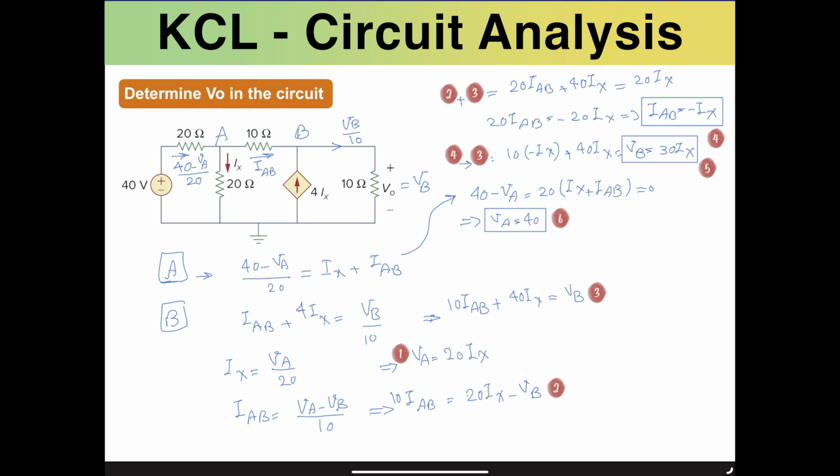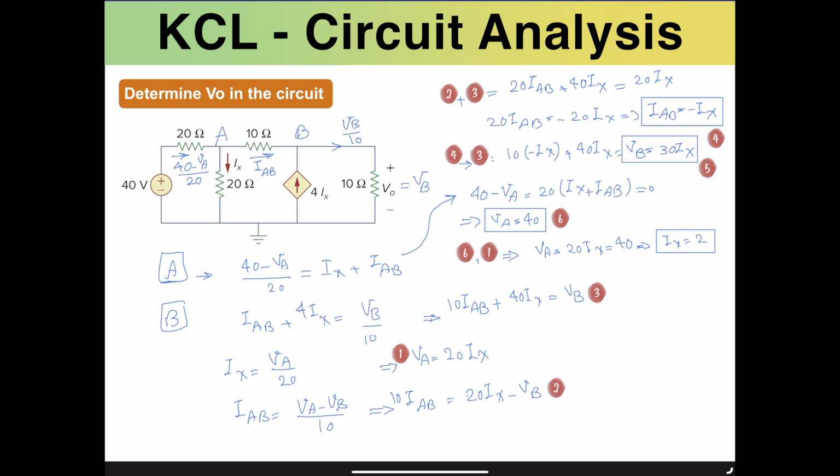If we combine 6 and 1, what we could get is that VA is 20 Ix. However, VA is 40, so Ix equals 2. So that is the final answer of the question in terms of Ix.